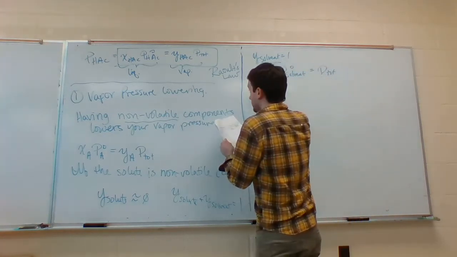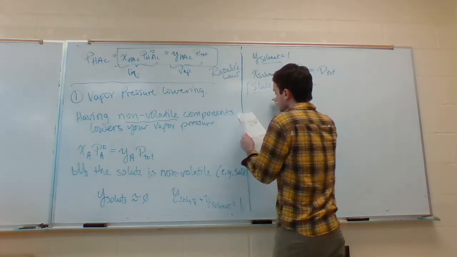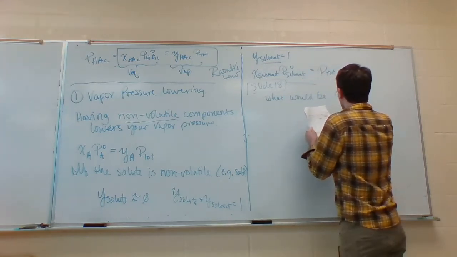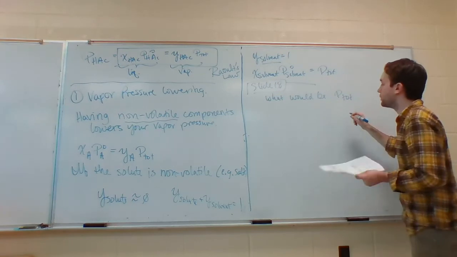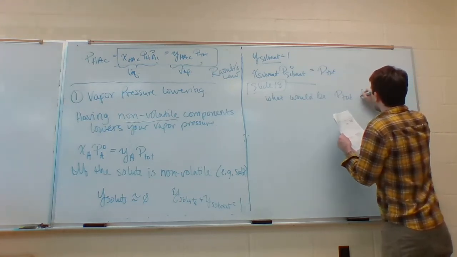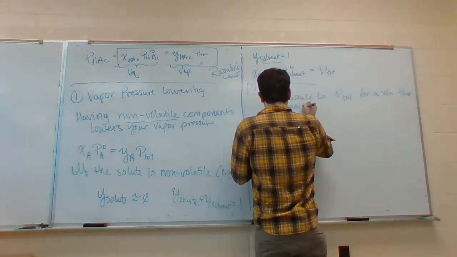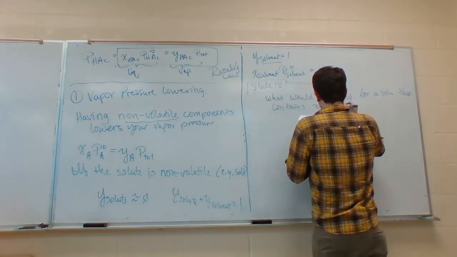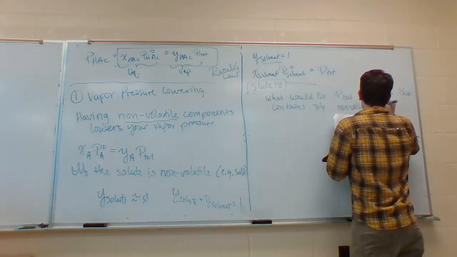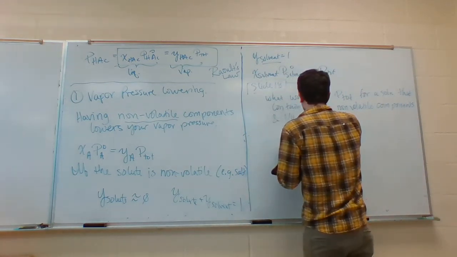All right, so doing an example on slide 18. What would be the P total, or the P of the solution, for a solution that contains 3/4 non-volatile components and 1/4 solvent?